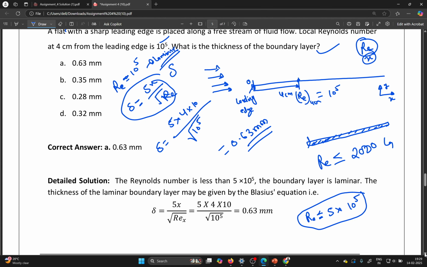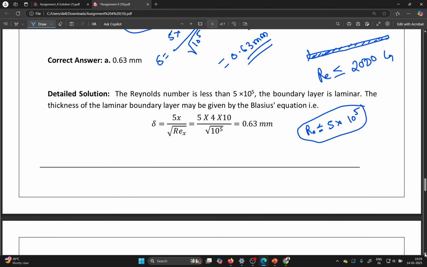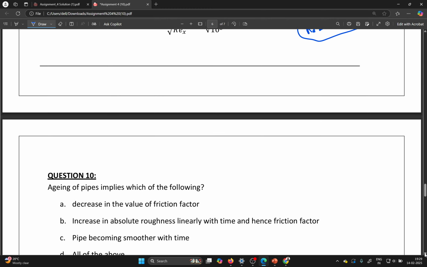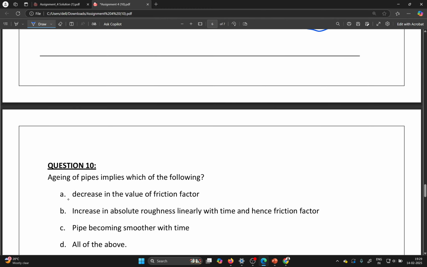Next question is question number 10. Aging of pipe. Aging of pipe implies which of the following? Option A, decrease in the value of friction factor; Option B, increase in absolute roughness linearly with time and hence friction factor; Option C, pipe becomes smoother with time; Option D, all of the above.